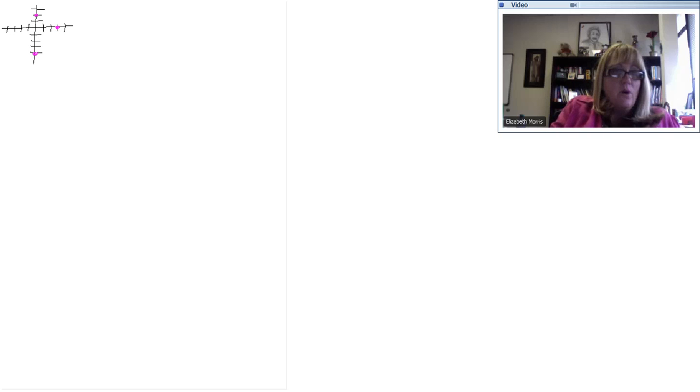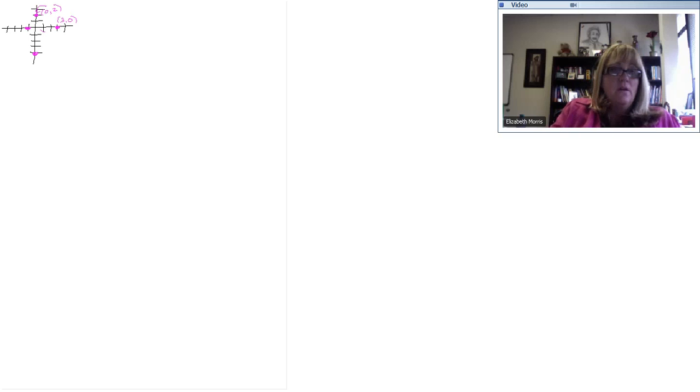I could have a point right here. Let's figure out their coordinate. The first point, let's see, 1, 2, 3. This is at 3, 0, because you have to move over 3 on the x, but none on the y. The one up here is 0, 2, because you have to move up 2. You move none on the x, but up 2 on the y.